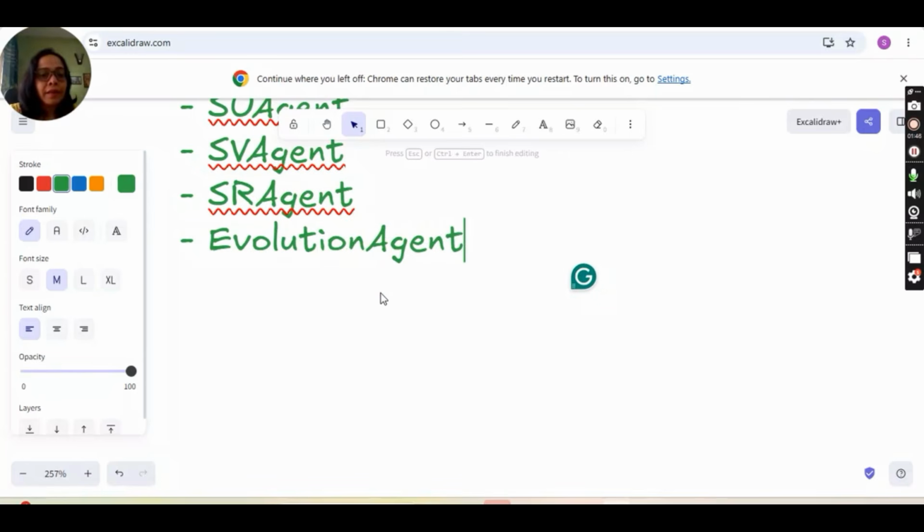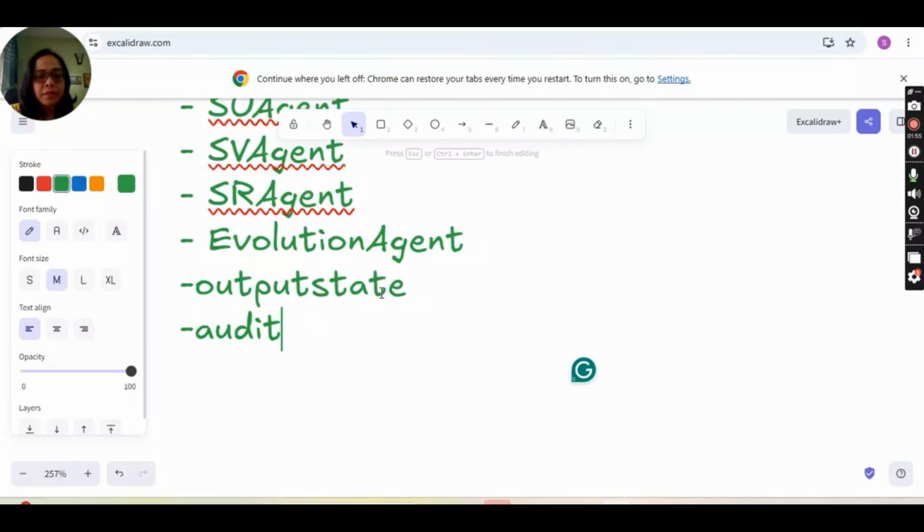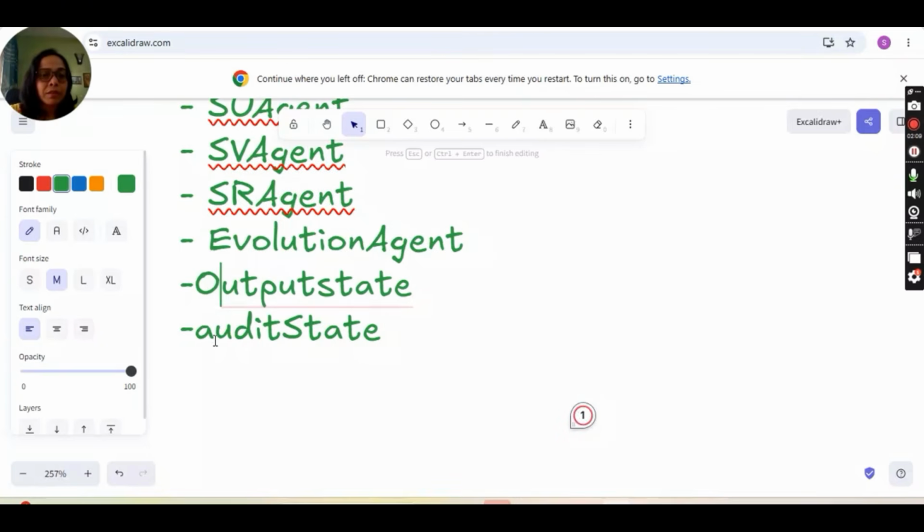Okay, and then output state. This output state should be published. Then audit, then publish, right, audit state. That publish is a step only, so that is not a separate agent here. So always keep in mind, this would be the naming convention like this.